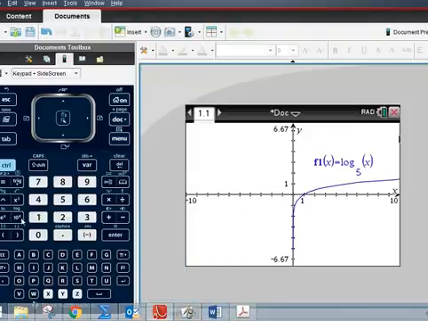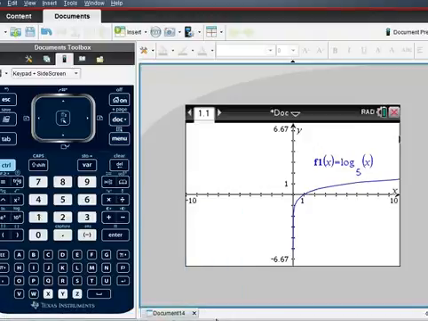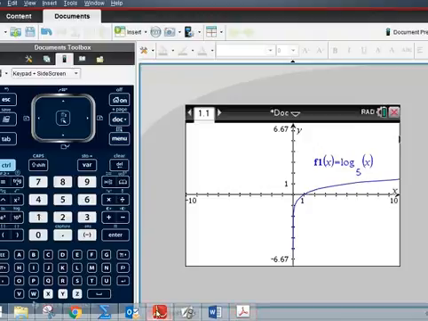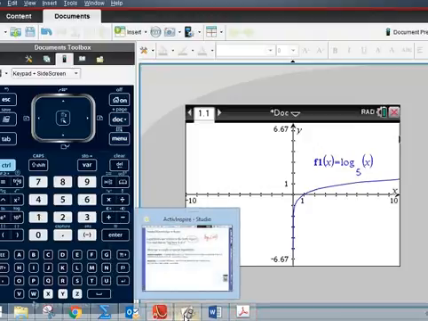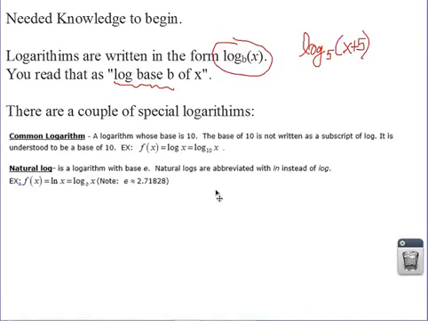And there are a couple of special types of logarithms, as a matter of fact, which are also covered here in this first slide. You have the common logarithm, which is a logarithm just like this one here, but the base is 10. The base is 10. It is not written as the subscript of the log, though.